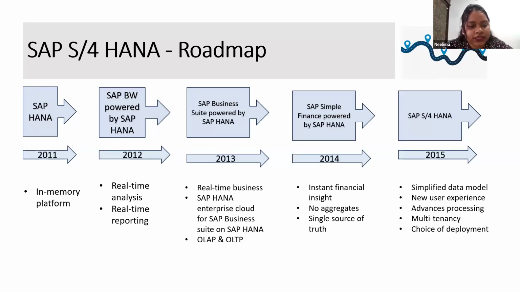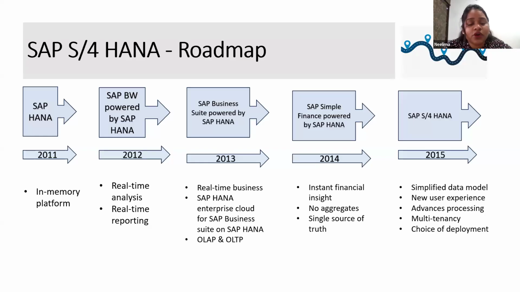In 2014, SAP introduced SAP Simple Finance powered by HANA. This provided instant financial insights, removed data duplication, and created a single source of truth for financial reporting. Single source of truth means one single system for everything, for finance, for sales, for human resources.